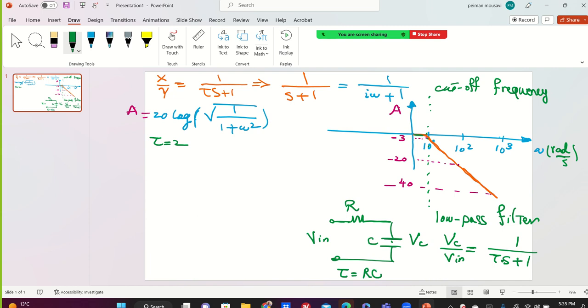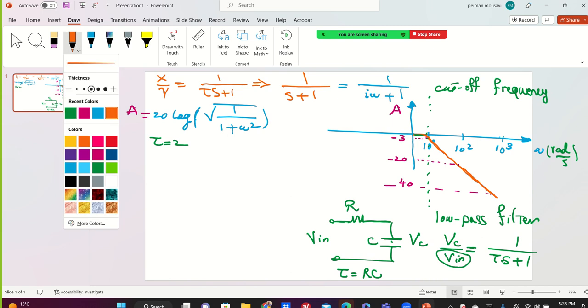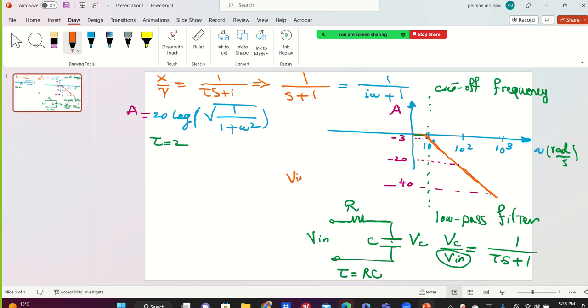It means that if you apply a harmonic input to the system, your V in is the AC current, meaning sine omega t. That's right, DC current, AC current.